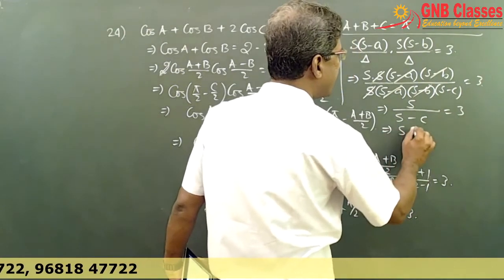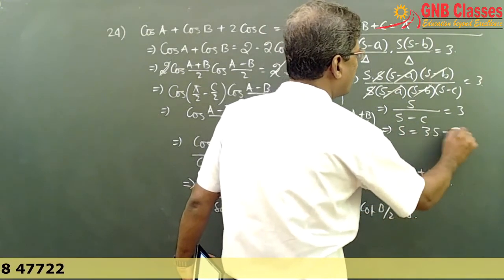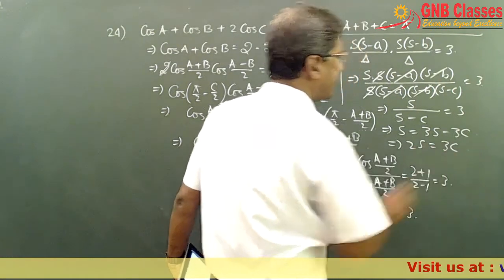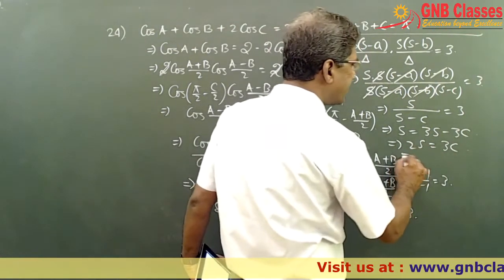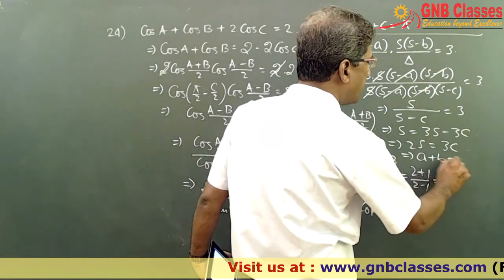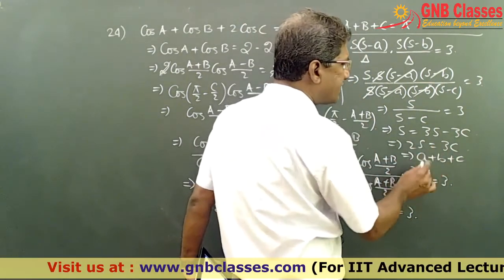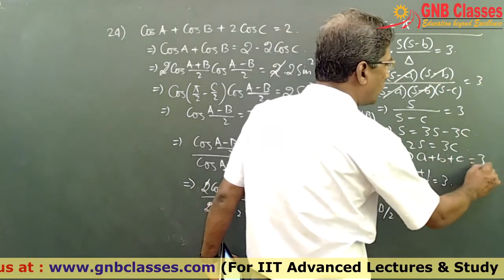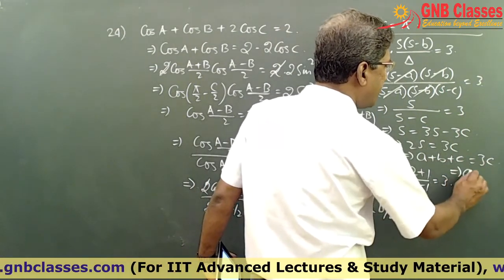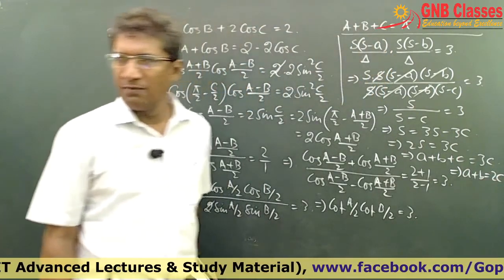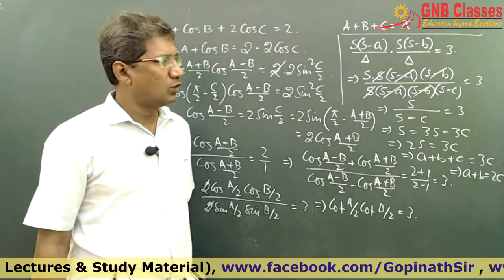So that implies S is 3S minus 3C, which gives 2S equals 3C, right? Now S is the semi-perimeter, so 2S is nothing but A plus B plus C, which is equal to 3C. So A plus B is nothing but 2C. Is it clear?